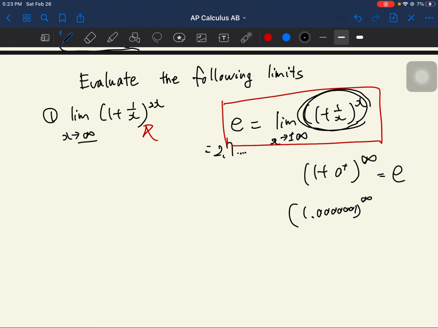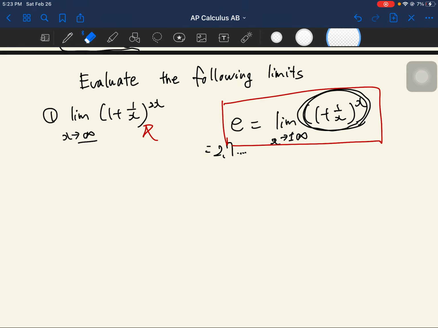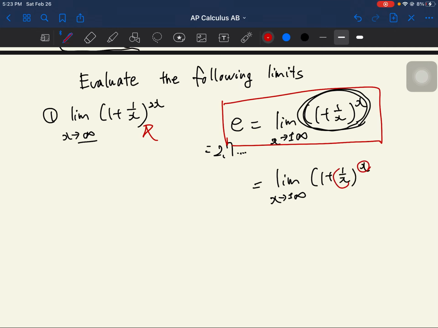But anyway, this definition is really important. Let me explain about it a little bit. What you have to care about is these numbers. These have to be reciprocal of one another.